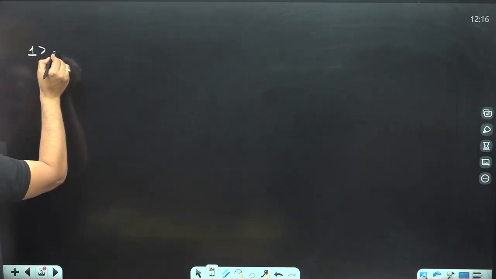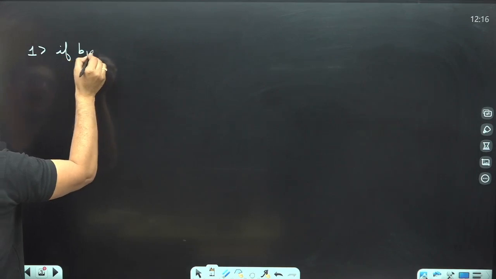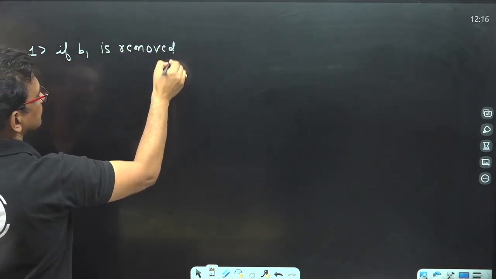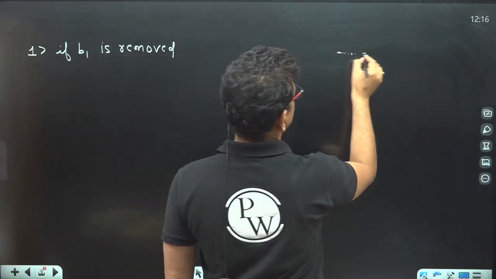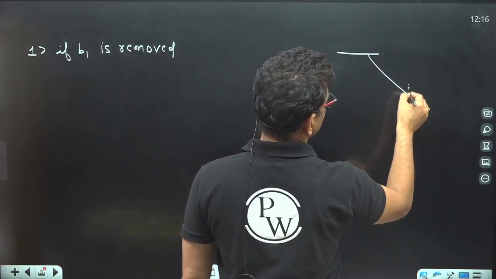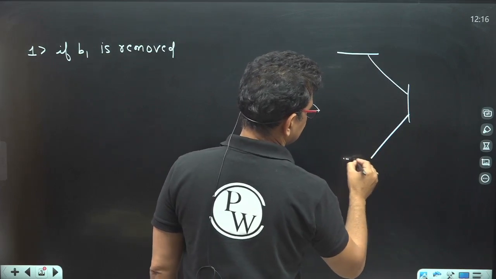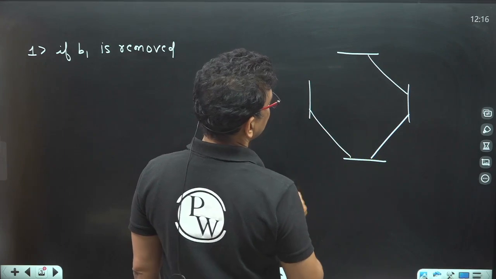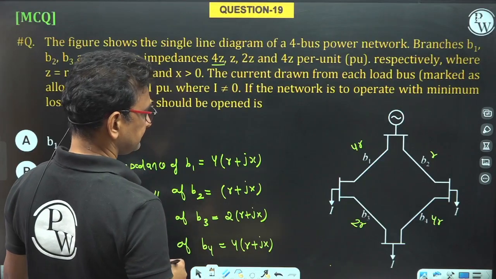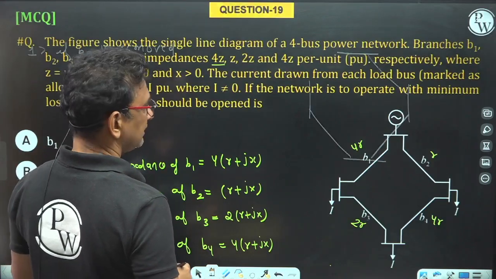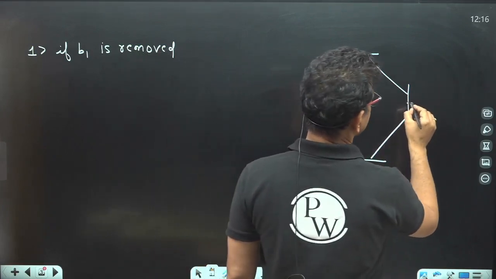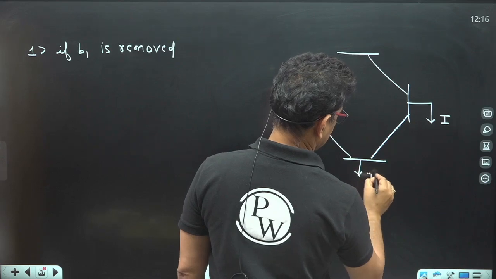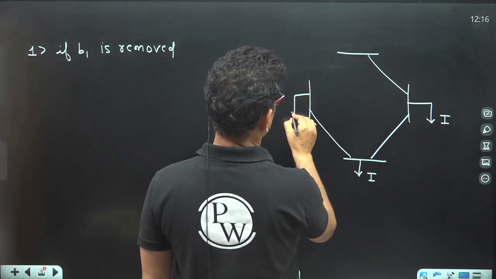First case: if we remove the B1 branch, our system becomes like this. B1 branch is not there. The current is I at each load.